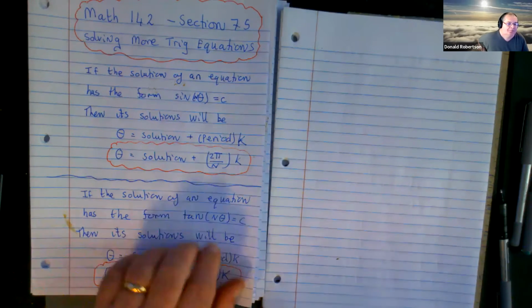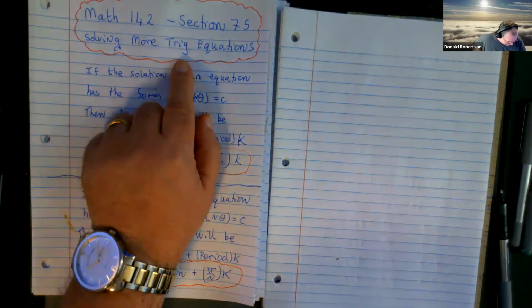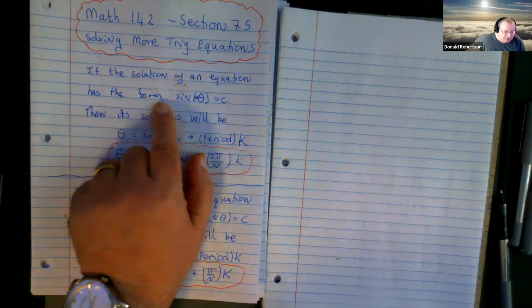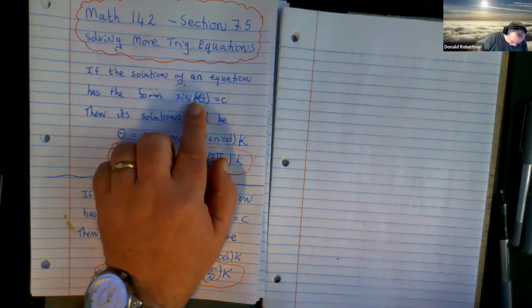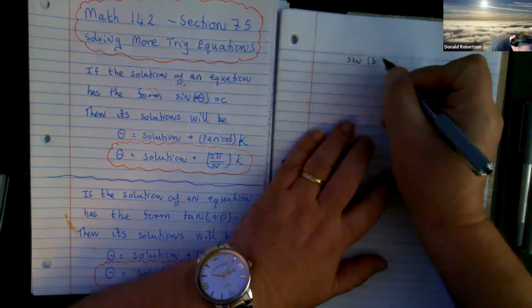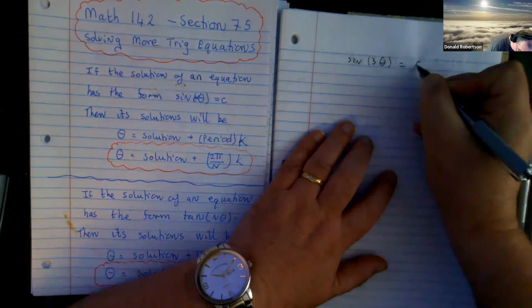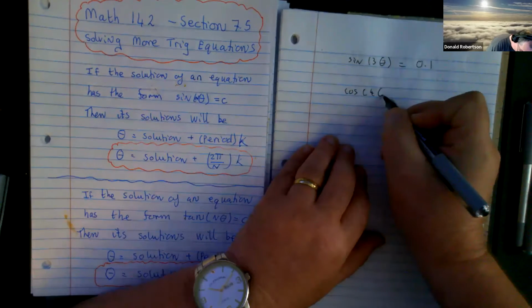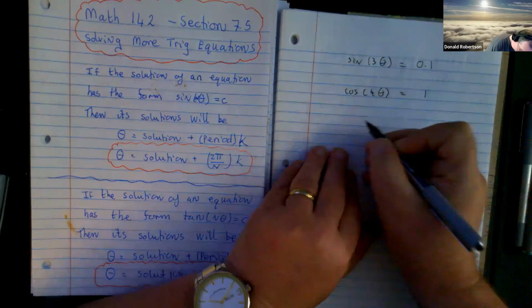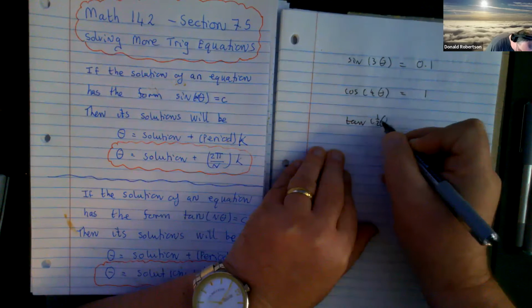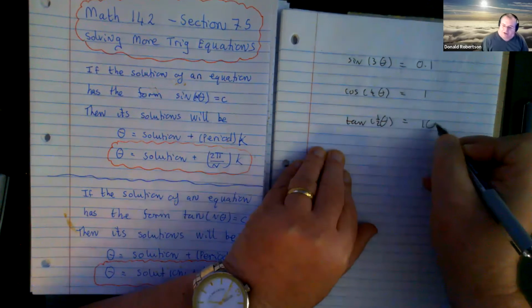Okay, so if you want to solve some equations and you end up looking like this, we're looking at questions where you get the sine of 3 theta equals 0.1, or the cosine of 4 theta equals 1, or tan of a half theta equals 10, whatever it is you get.